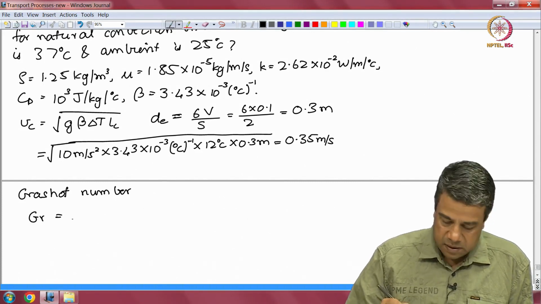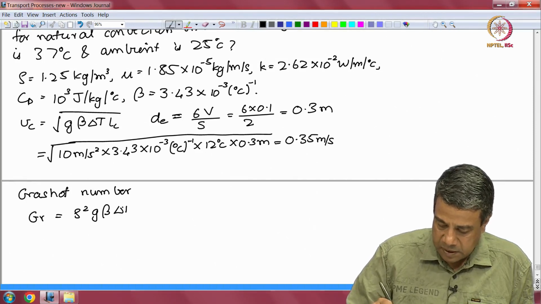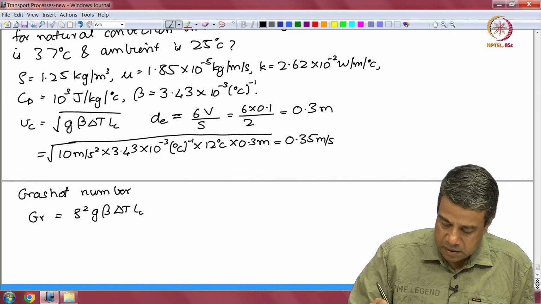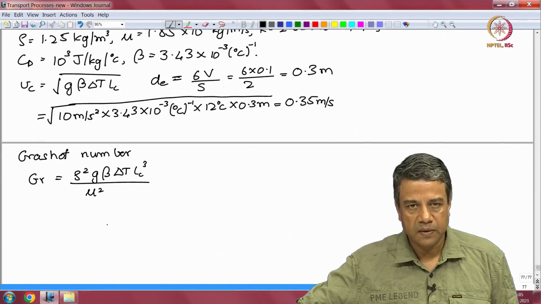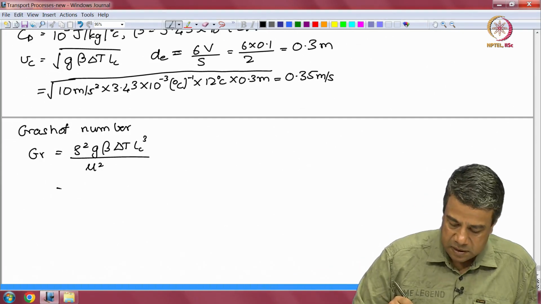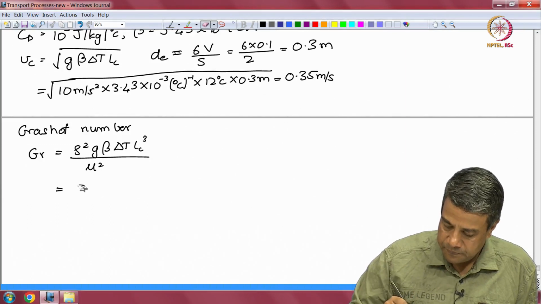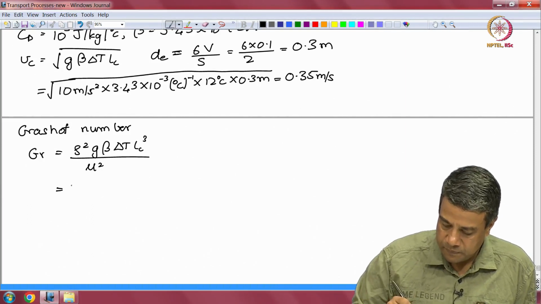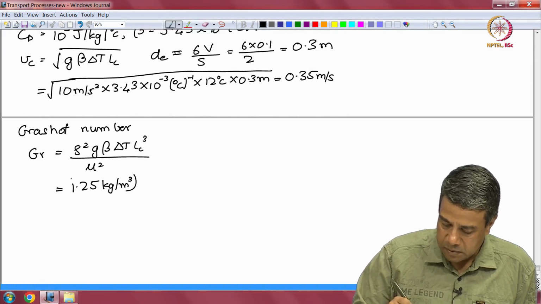The Grashof number is rho squared g beta delta T Lc cubed by mu squared. Density is 1.25 kg per meter cubed, the whole squared.